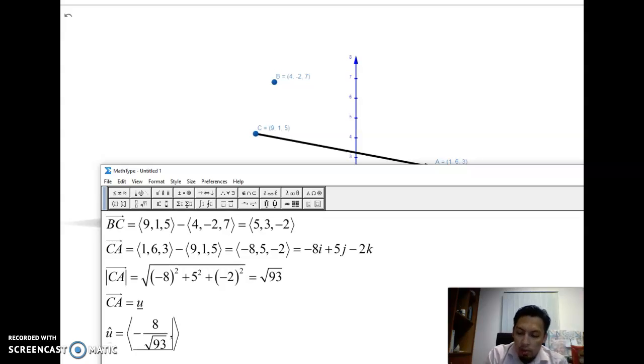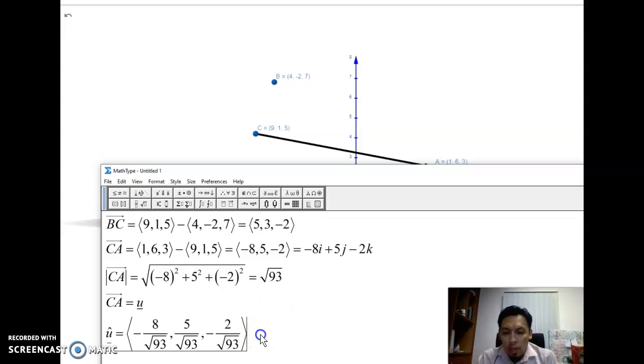For y, instead of 5, now it becomes 5 over root 93. And for this one, instead of -2, now it becomes -2 over root 93.